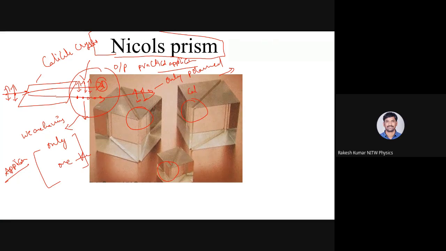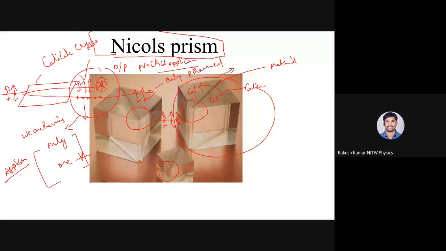This is another calcite crystal. These two are actually part of the same calcite crystal. We cut those two calcite crystals in one particular direction, at particular angles, and we joined them with some kind of material.